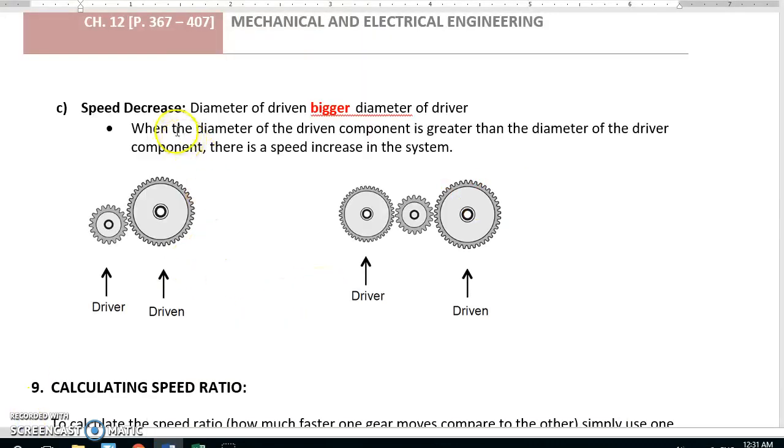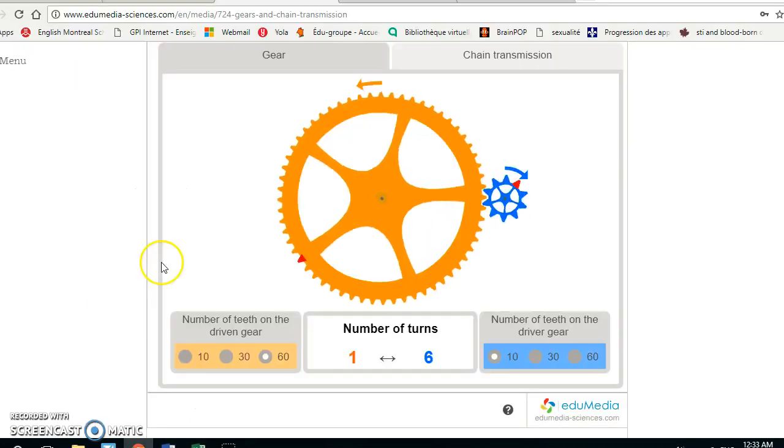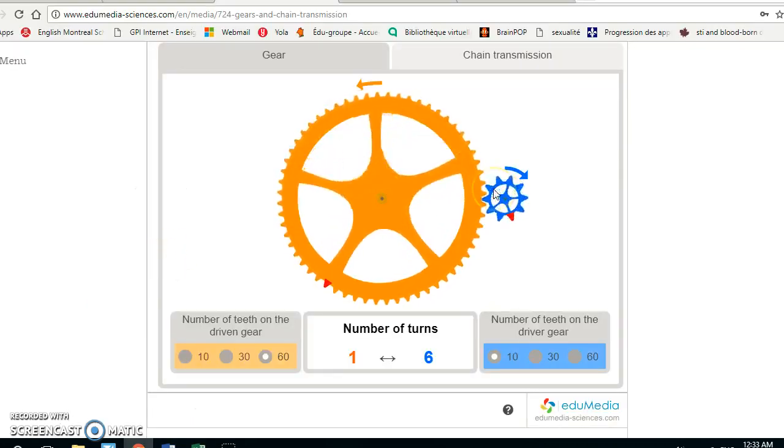In the case of a decrease of speed, it's the opposite rule. The diameter of the driven has to be bigger, and the diameter of the driver has to be smaller. Even if you have an intermediate gear in the middle, it will not make a difference. So let's give it a try.